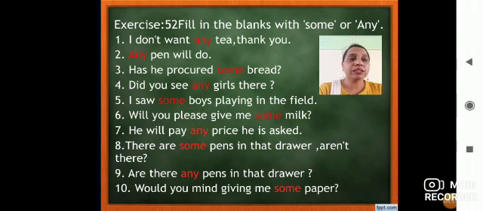When you expect the answer no, or when you are asking a question, in such a condition you will use any. Okay? So I hope this exercise is easy for you. If you still have doubt, you can call and ask me.